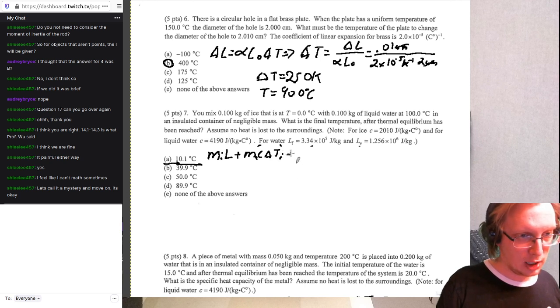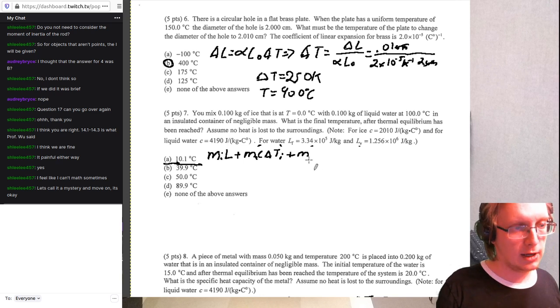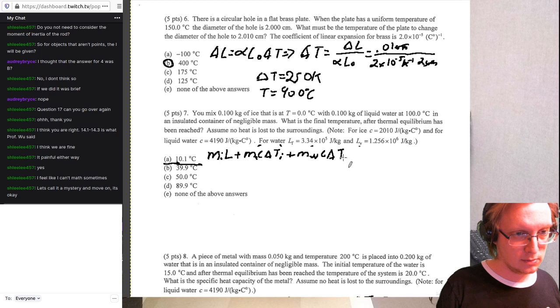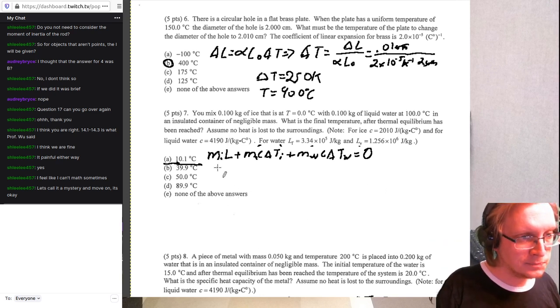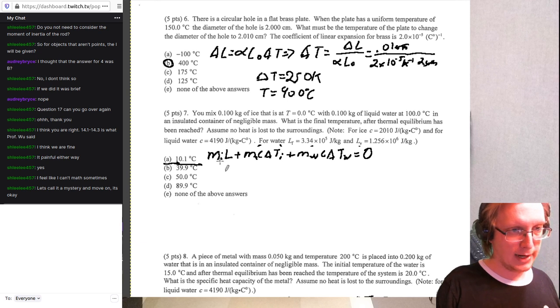And I'm going to cool off some water. And no energy is going to go anywhere. Alright. Mass of the ice and mass of the water are the same. I divide that out to the other side.